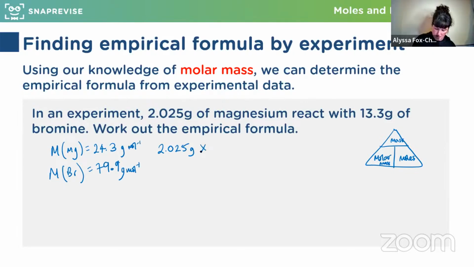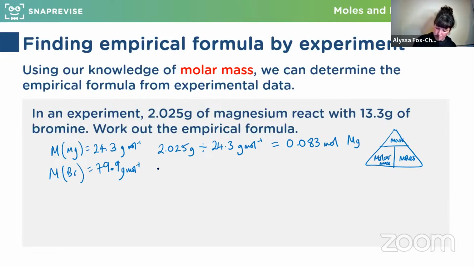So if I do grams divided by molar mass, so 24.3 grams per mole, I get grams divided by grams, they cancel. That brings the moles up onto the top line, so I end up with just moles, so 0.083 mole of magnesium.